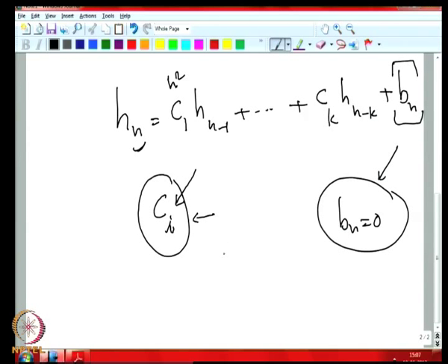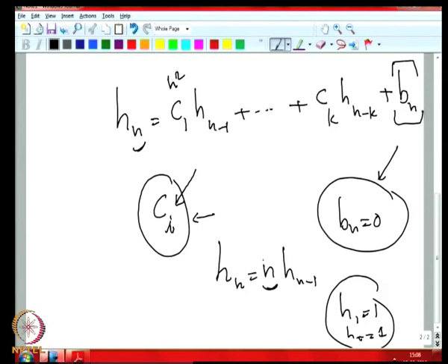If I write a recurrence relation for factorials, I will write h n equal to n times h n minus 1 with h 0 equal to 1. So here the coefficient is not constant, it depends on n. But we will be studying mostly the recurrence relations where these coefficients are constants. These are the main points.